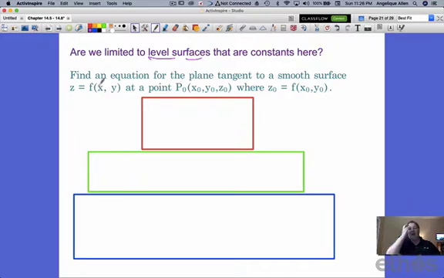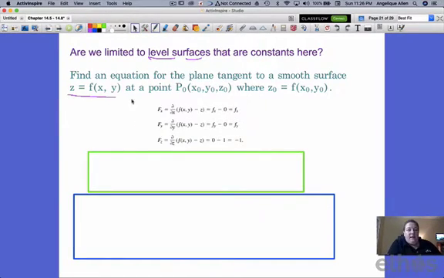So we need to take a step back and say we want an equation to help us find a tangent plane when we're given a surface of two variables, not a level curve for this, but the actual surface at that point. And z is a function, so z naught is a function of x naught, y naught. So we're going to do some manipulation here, okay?